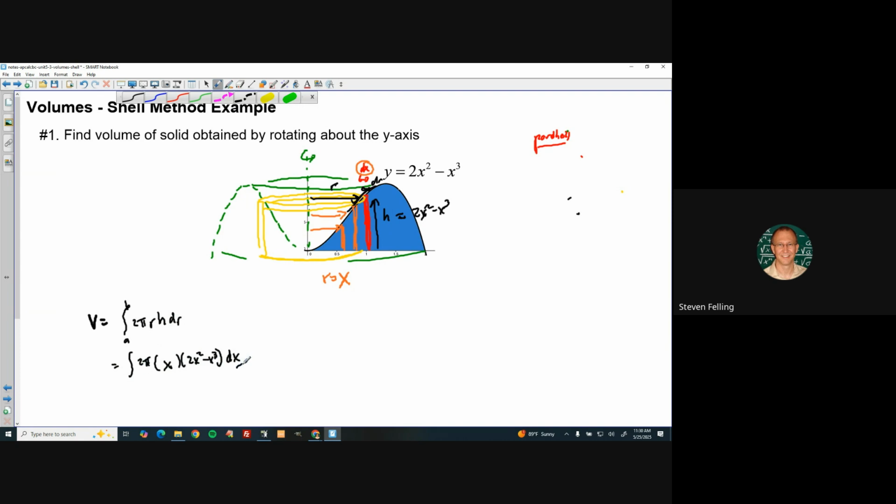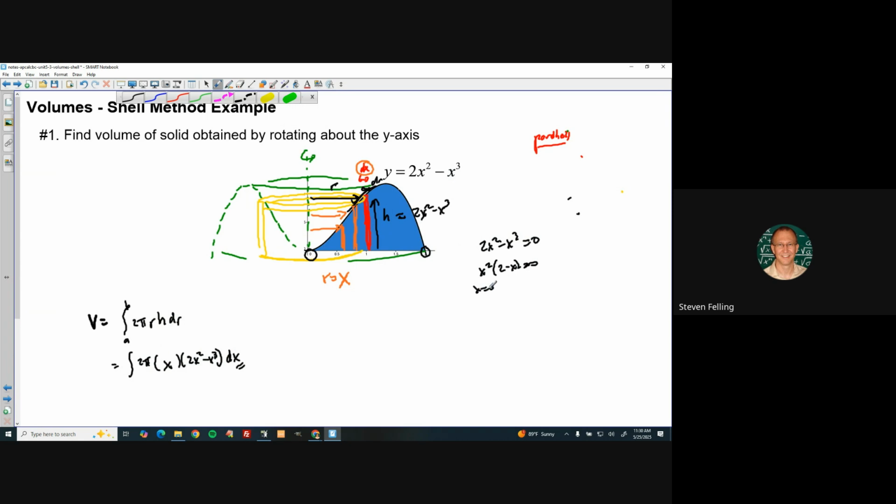And then we have an x here, so we have to bound this with x values. So this starts at x is 0, and we would have to know where this is back to 0. What's unique about this point is that the y is 0 here and the y is 0 here. So if I took this 2x squared minus x cubed and set that y equal to 0, I could factor out an x squared, and that would give me 2 minus x equals 0.